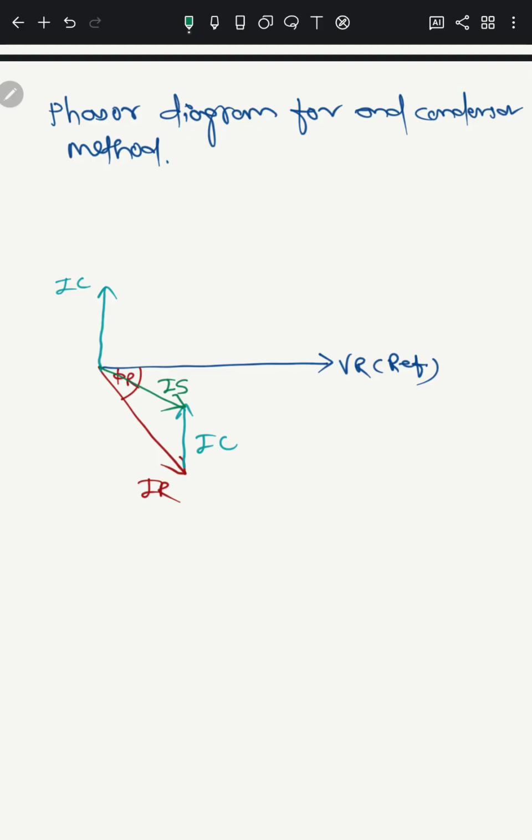Now we consider the sending end loss. IS into R is in phase with IS.